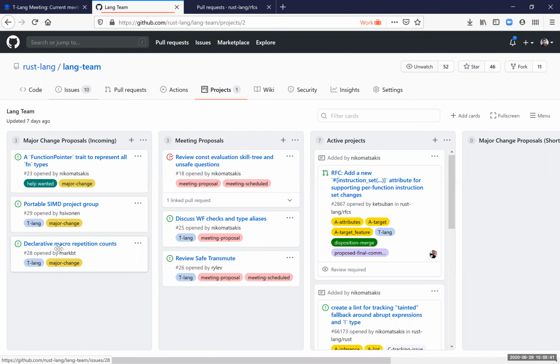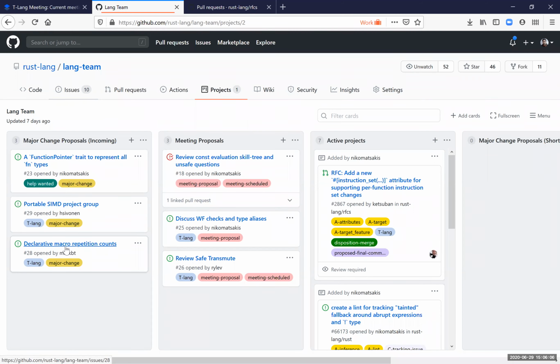But there are two others, portable SIMD project group and declarative macro repetition counts, that I wanted to call attention to, especially the second one, because it seems like a relatively narrow proposal that probably wouldn't take too much work to serve as a liaison for. I think there's a few possible syntax options and so on, but it's not that big a thing.